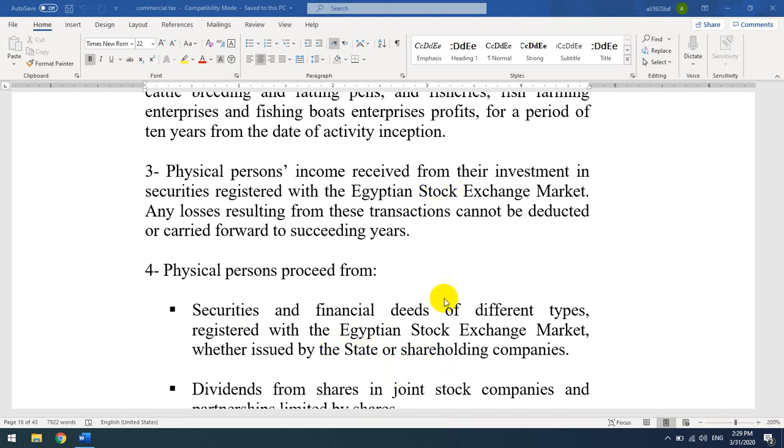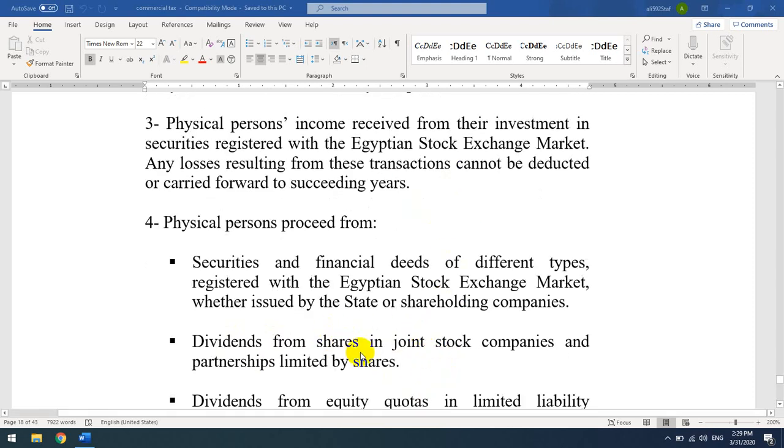This resembles this one. Dividends from shares in joint stock companies and partnership limited by shares. Why? Because companies, corporations, partnerships, before dividing profits, compute and deduct the tax.